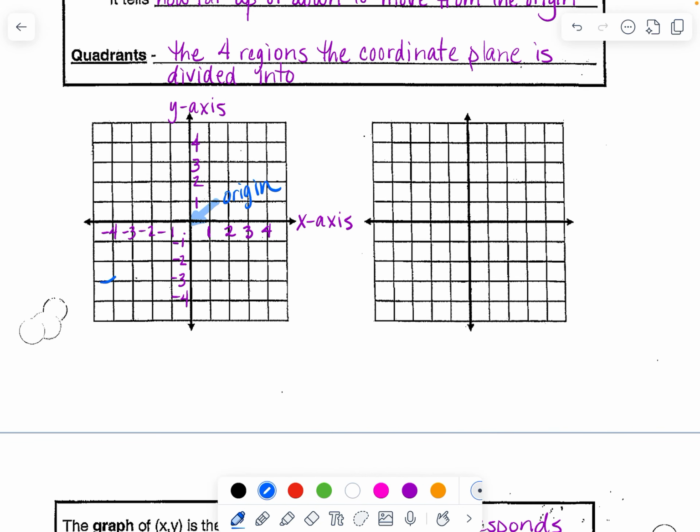So your x values would be negative if you move to the left of the origin. So x is negative over here to the left of the origin. If you move right of the origin, your x values are positive. So x is positive as you move right from the origin.